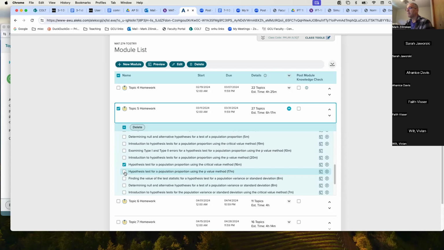The problem is we never, ever will know the population standard deviation. So instead of using the population standard deviation, we use the sample standard deviation. In other words, whatever numerical data we collect, we calculate that standard deviation, and that's what we use for the statistic. But it's not a z statistic at that point, it's a t statistic.